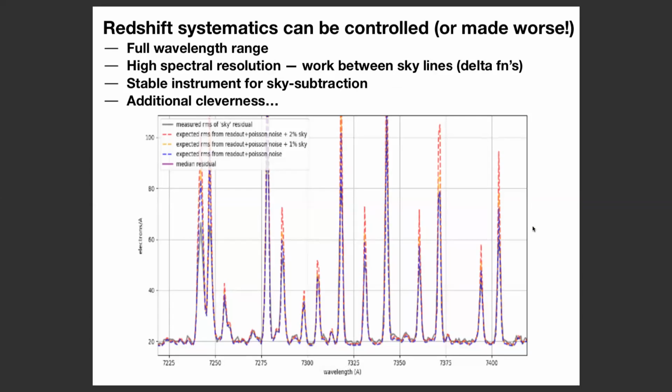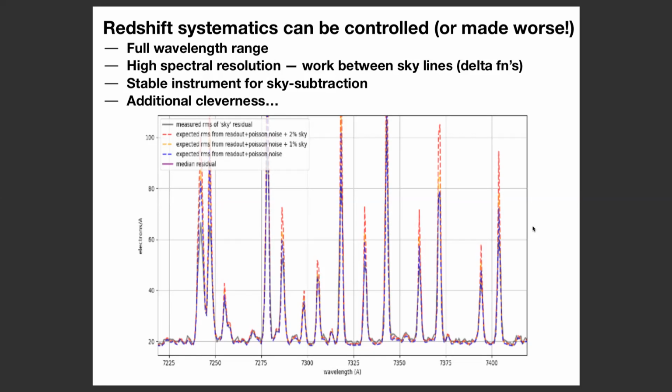Spectroscopically, same thing. It's pretty easy to get redshifts of galaxies. This is a real DESI spectrum taken recently. I'm not showing the spectrum of a galaxy because this fiber must have missed any galaxies. There's no galaxy light here. But the point is that the systematics in redshift space come from the sky brightness.